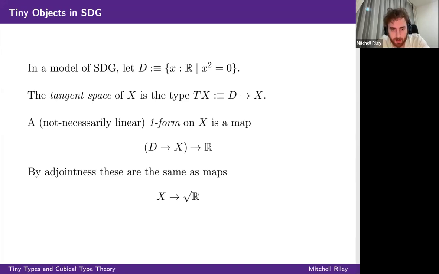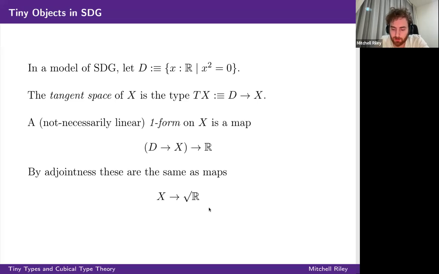Forms will correspond to maps from the space that you're interested in into this very unusual space, which is the amazing right adjoint applied to the real line. This is now a single object which classifies some kind of form on anything that maps into it. And this is the kind of thing which can only exist in synthetic differential geometry and doesn't work classically.